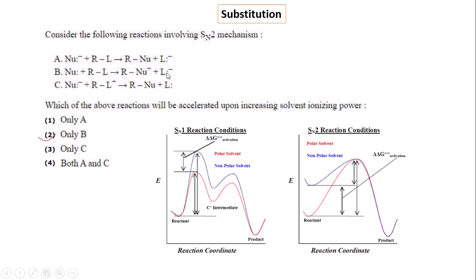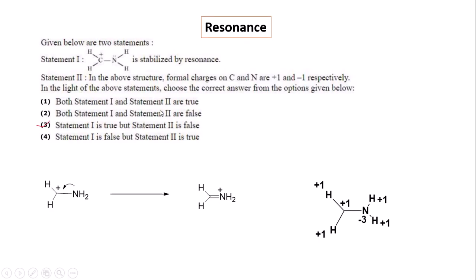Here the solvent is polar, so the product is more stable compared to the reactant, so option B is the correct option. With increasing polarity, the activation energy required for the substitution reaction is lower, and hence the reaction rate is accelerated.